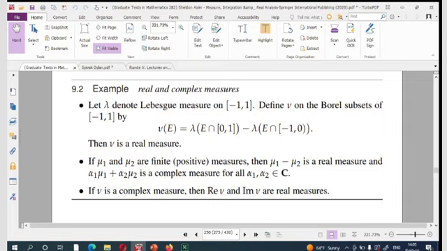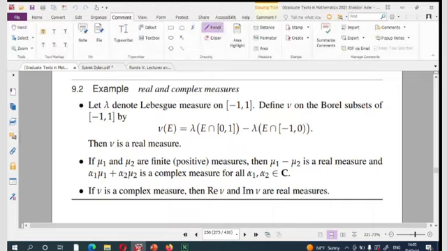Okay, this is the relation between non-negative and real measures and complex measures, and these facts are very easy. Write the proof of these two statements. Okay, write the proof of these two statements and send to me this and this.